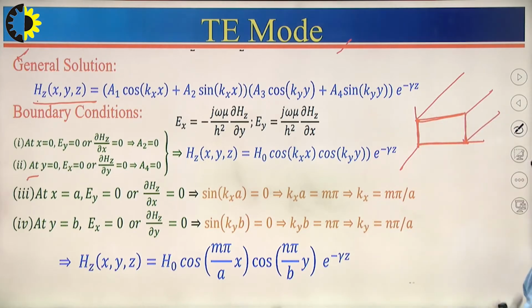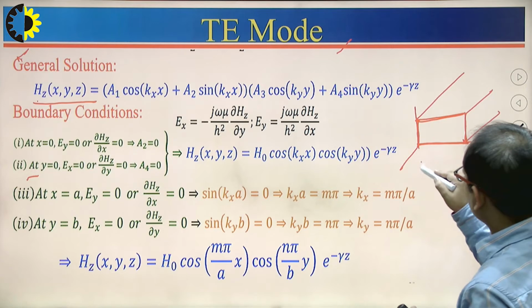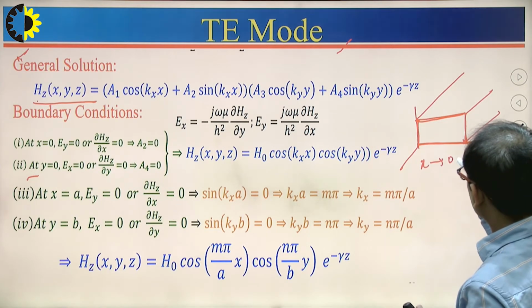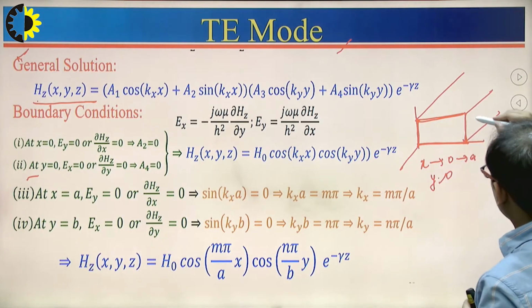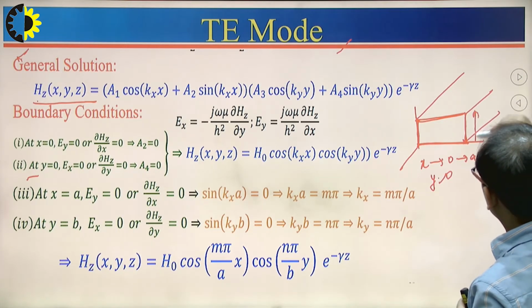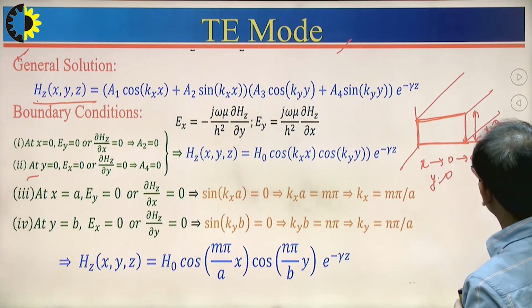For the first wall, you will see that from here to here, x varies from 0 to a and y equal to 0. Here you will see that through this wall, x equal to a and y varies from 0 to b.